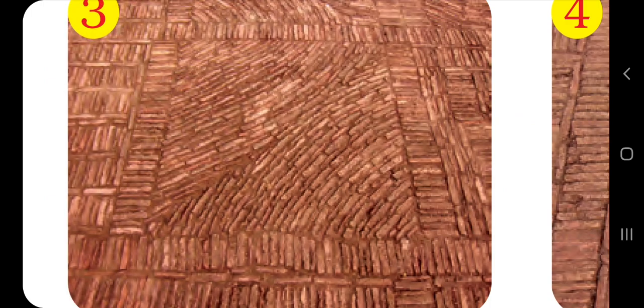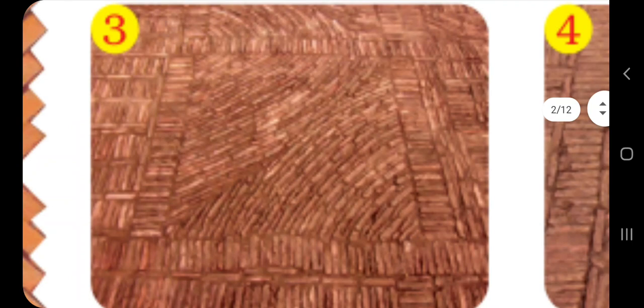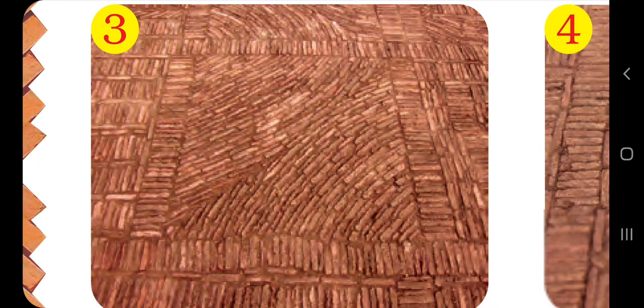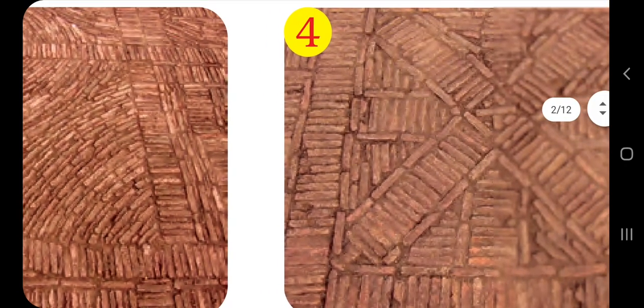Now the picture 3. Here we see different types of patterns made of bricks. There is an arc-type structure, then outside that arc-type structure there is a square-type structure, then there is a structure like a straight line. So we see different types of shapes: square shapes, arcs, straight lines.